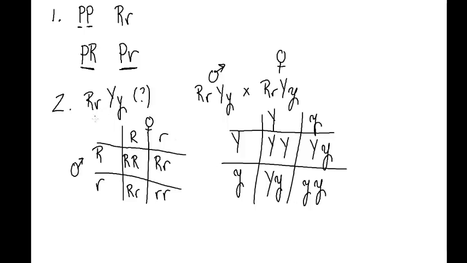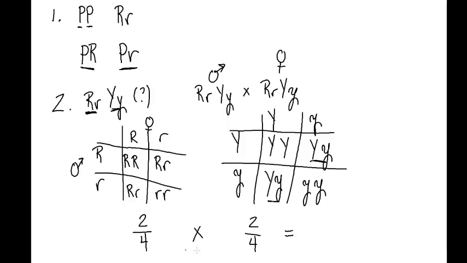Now, what are we looking for? We're looking for big R, big R. How often does that happen? It happens 2 out of every 4 times. And then we're going to look for big Y, little y, and that happens 2 out of every 4 times. According to the product rule, as long as these genes are not linked on the same chromosome, we can multiply the results from 2 monohybrid crosses to get our answer.